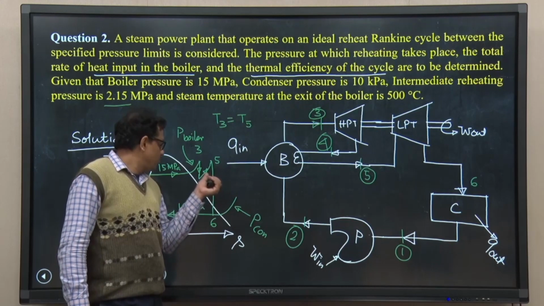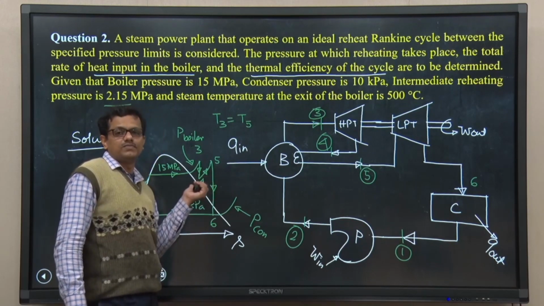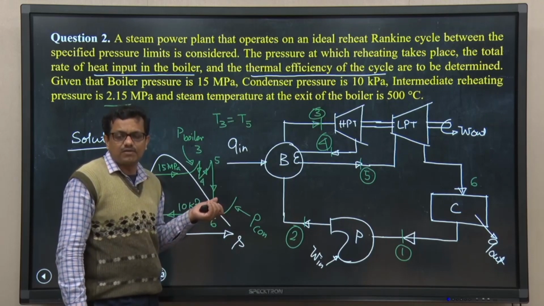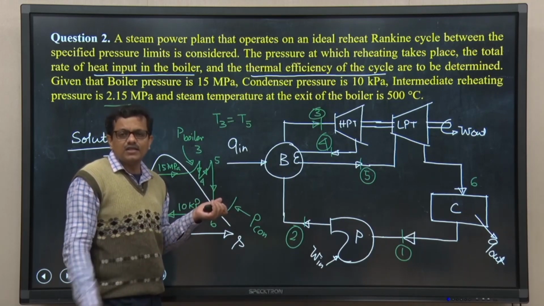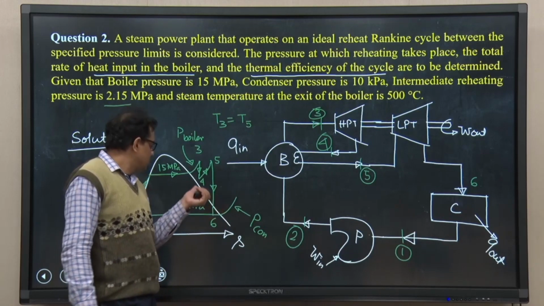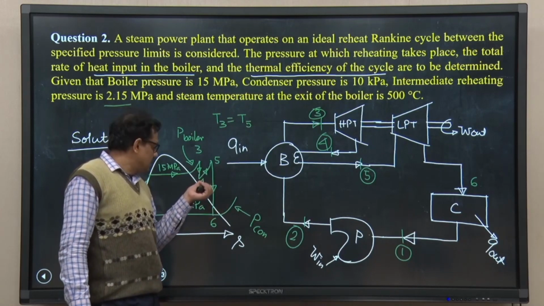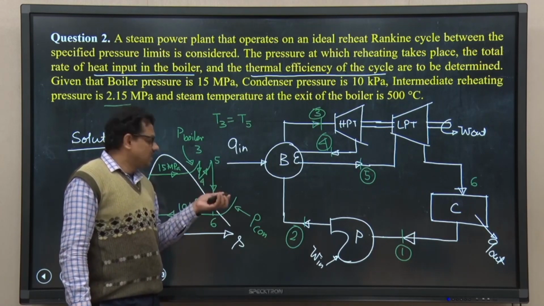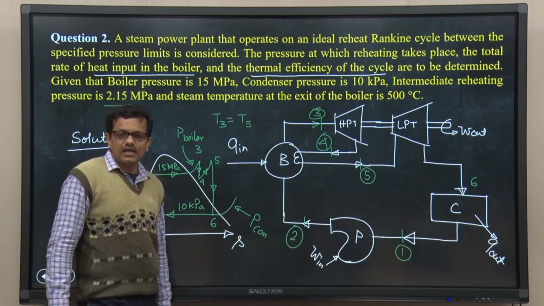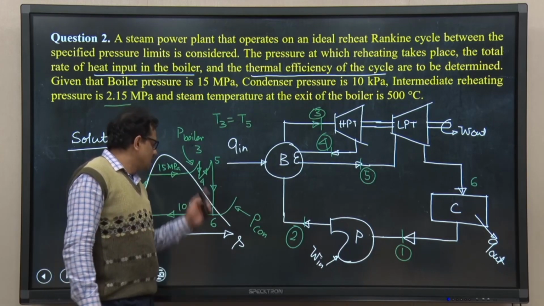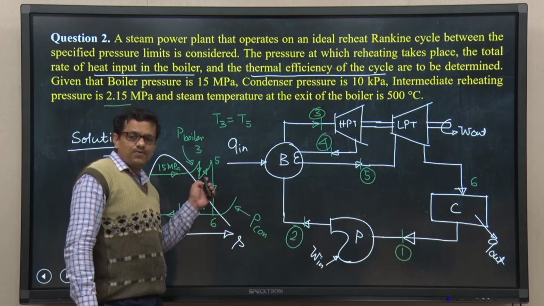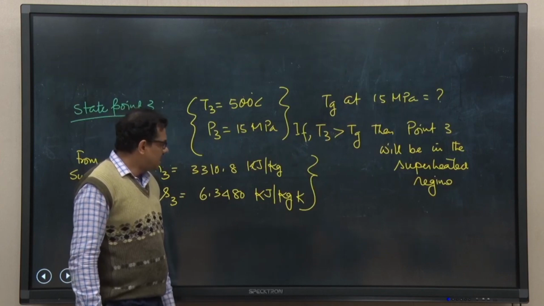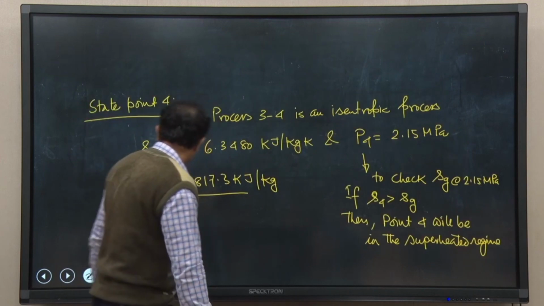A case may be when point 4 is inside the vapor dome, because it all depends on the designer who is designing the turbine, depending on the requirement of the system. So, if point 4 lies inside the vapor dome, then how can we calculate enthalpy at that point?